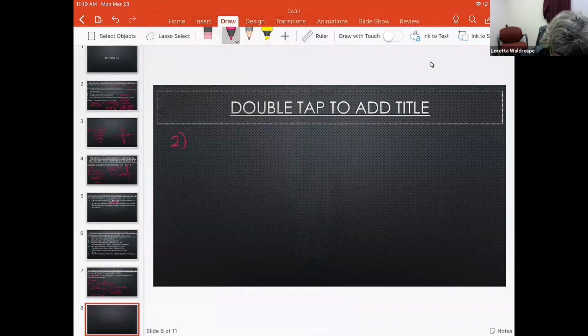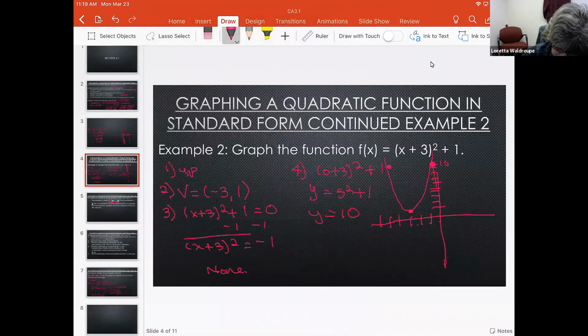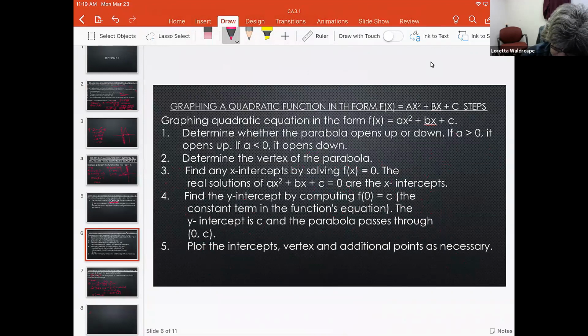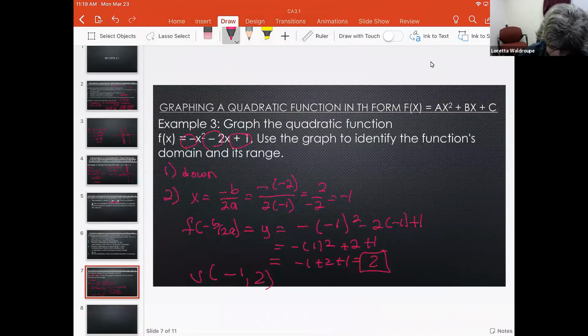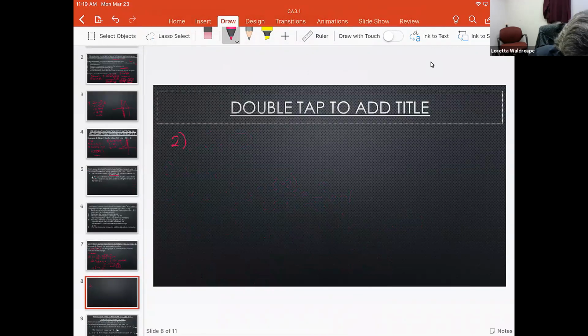So what's my second step? Negative x squared minus 2x plus 4. What's my second step?